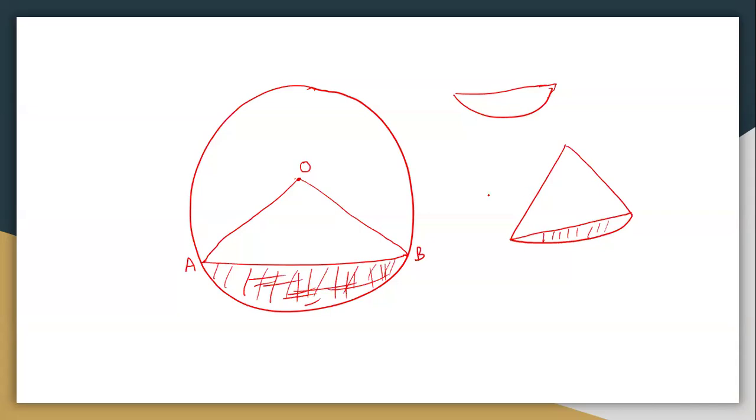Wow, perfect. Gift, did you have the same? Okay, yeah, that is good. So you are going to get the area of the sector minus the area of the triangle.